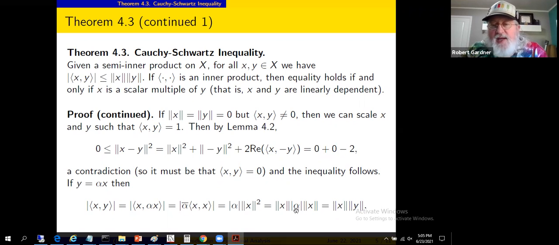And let's take the scalar property on the norm and put this alpha inside. So we'll have the norm of alpha x, and that's y itself. And indeed, the modulus of the inner product equals the product of the norms, as we would expect. So if y is a scalar multiple of x, then Schwarz's inequality reduces to equality.